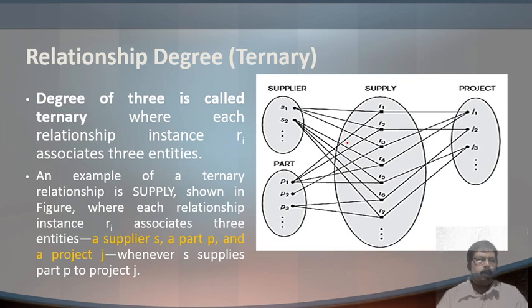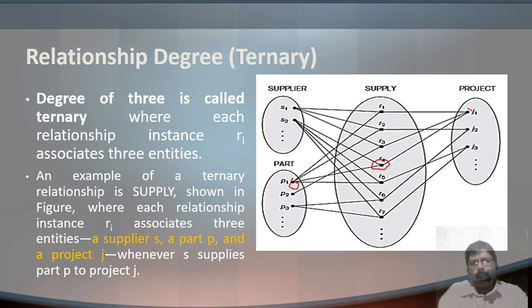Now let us discuss the next type of relationship degree, that is ternary. Here a degree of 3 is called ternary, in which the relationship Ri is in association with three entities. Now we'll take one example for this. I will take this R4. Here you see supplier S2 is in association with R4 and he is working on project J1, and he is also in relationship with P1 of the parts.